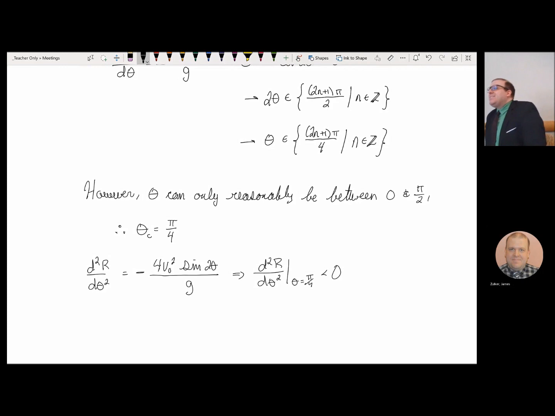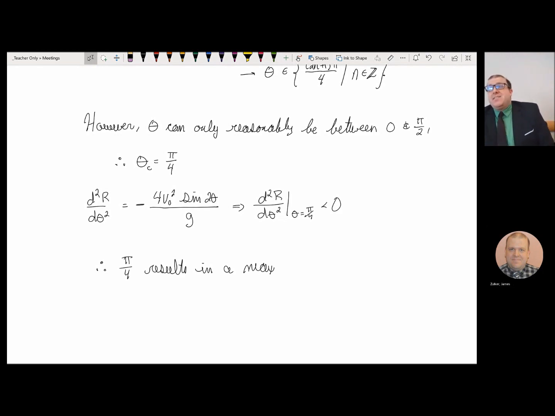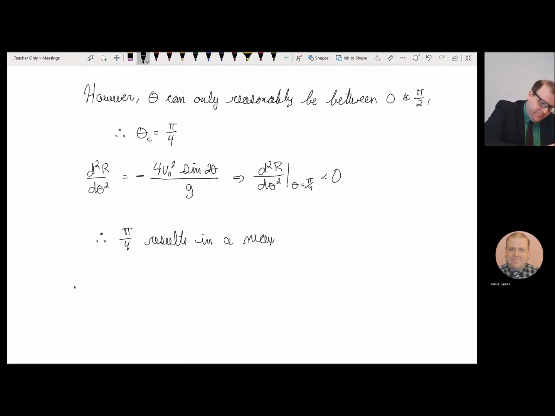That makes the second derivative at pi over 4 negative. The second derivative test tells us that this results in a max. So to maximize range, you set the launch angle to be pi over 4.